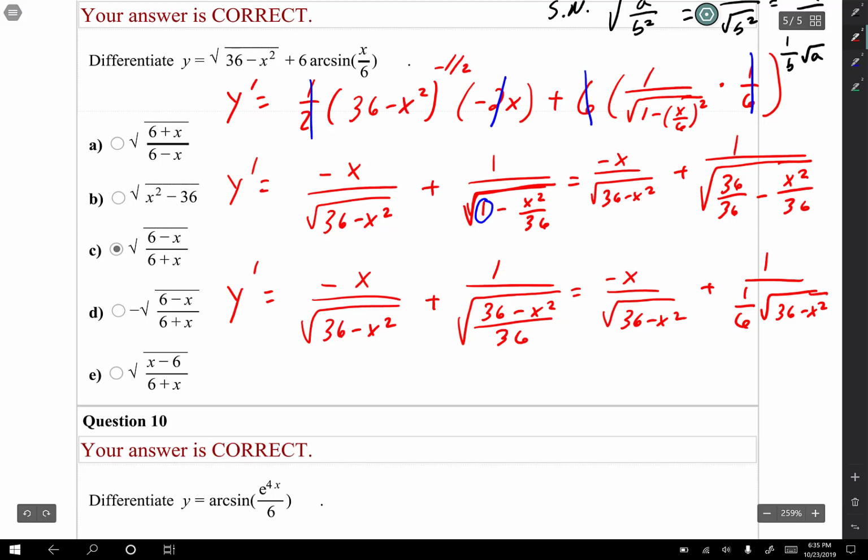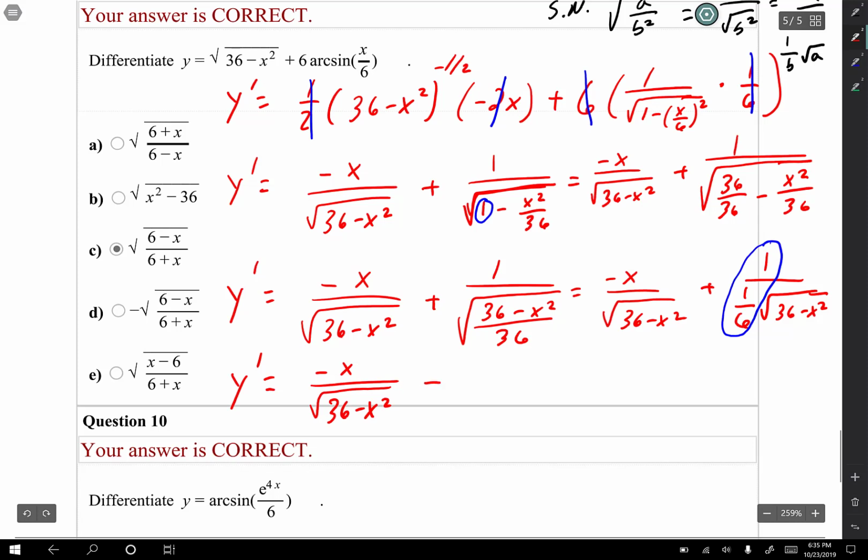Do we feel okay? I mean, I can't hear you guys, so I'm not sure, but I hope that you feel okay. All right, so now 1/6 goes into 1 6 times. So my y prime is going to turn like this now. Negative x over square root 36 minus x squared.